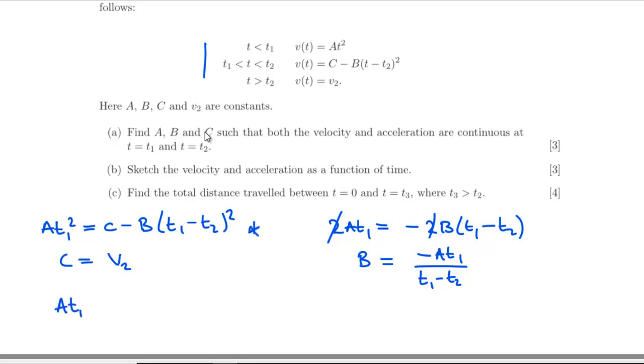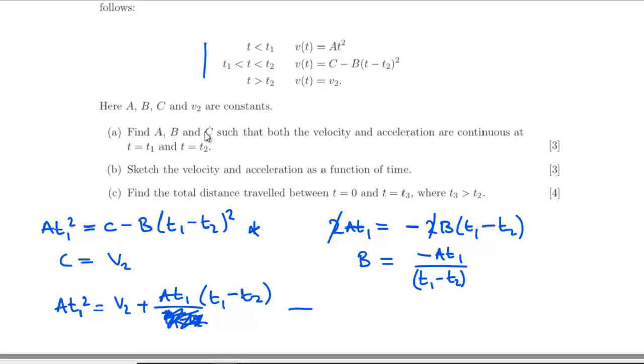That gives us a t1 squared is equal to v2 for c, minus, well, that'll become a plus, a t1 over (t1 minus t2). Oh no, we've got t1 minus t2 at the top is what we should have. Yes, that's right, because we're dividing by one and taking the two off the top. So that's going to give us a.